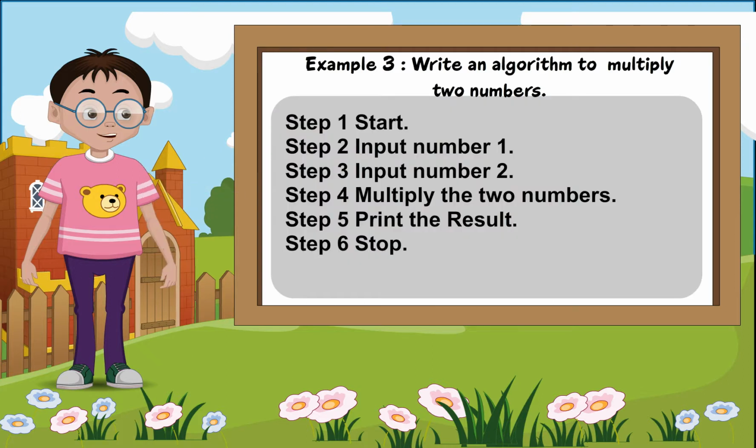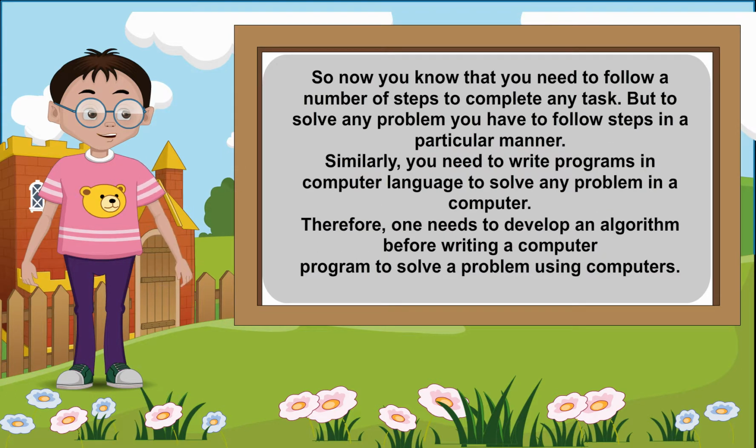Step 1. Start. Step 2. Input number 1. Step 3. Input number 2. Step 4. Multiply the two numbers. Step 5. Print the result. Step 6. Stop. So, now you know that you need to follow a number of steps to complete any task.